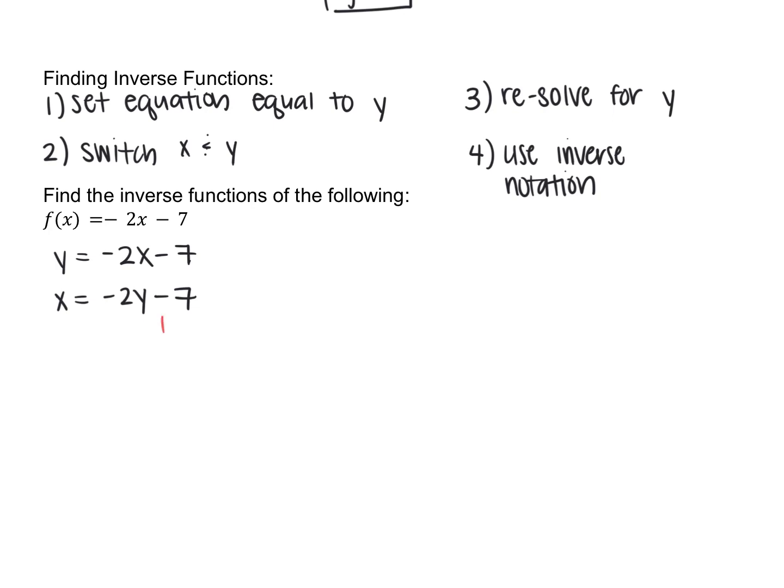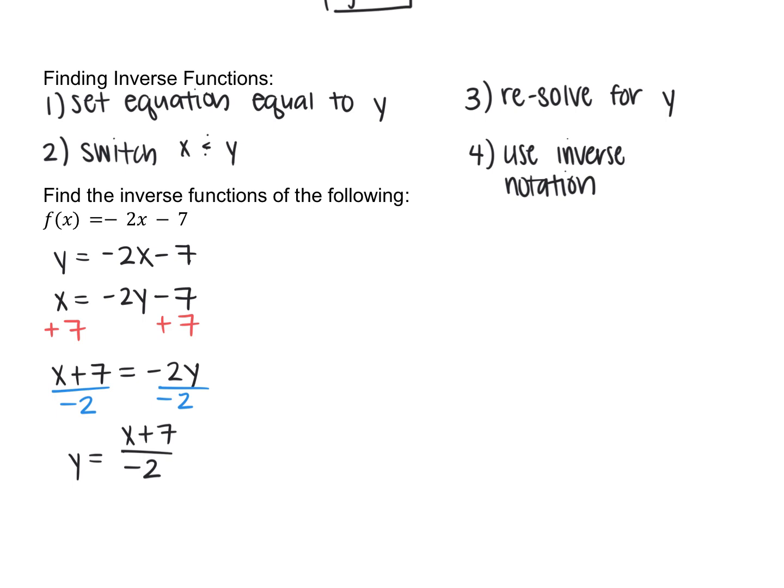So my first step is going to be to add 7 to both sides. So we get x plus 7 equals negative 2y. And then we're going to divide everything by negative 2. Now, I don't like to write fractions where you have a negative in the denominator because I now have y equals x plus 7 all over negative 2.